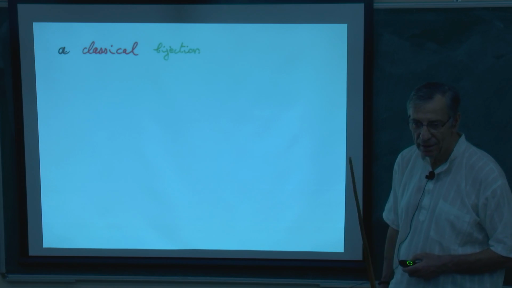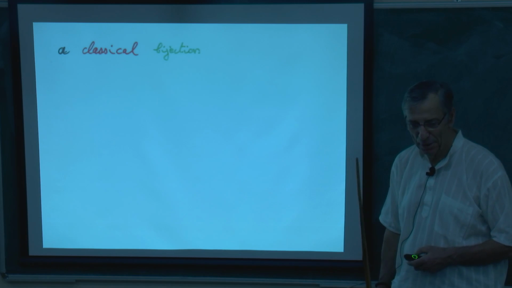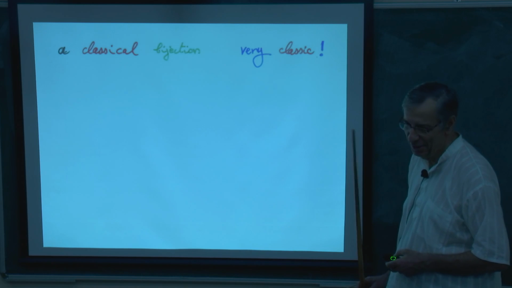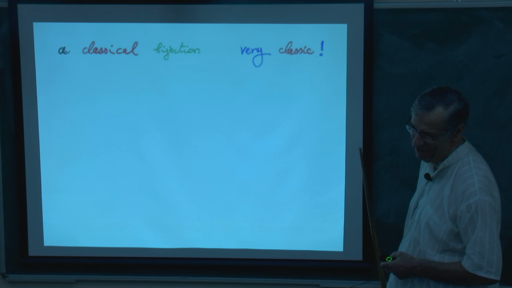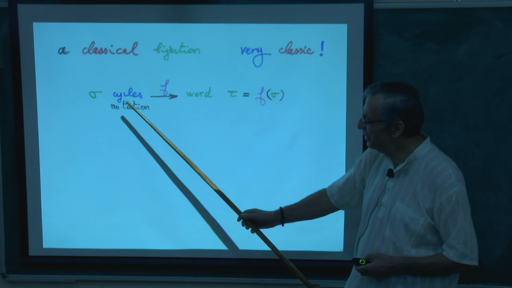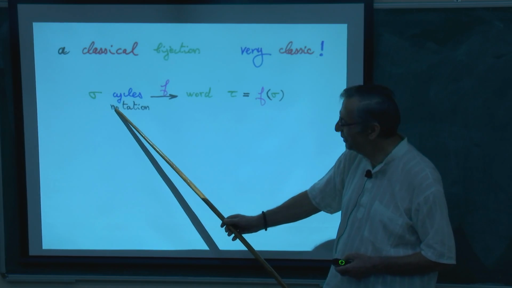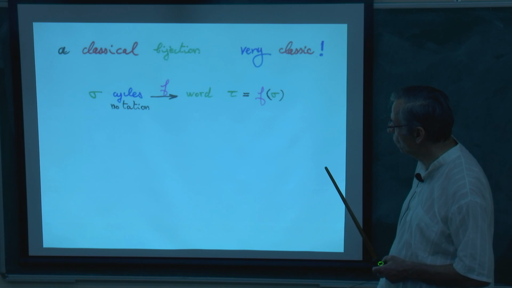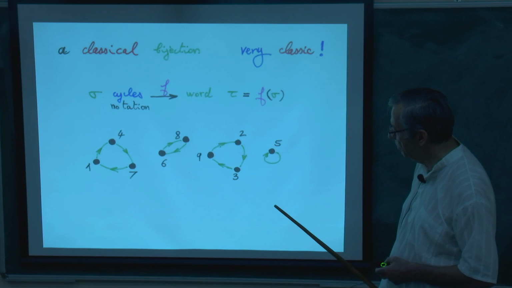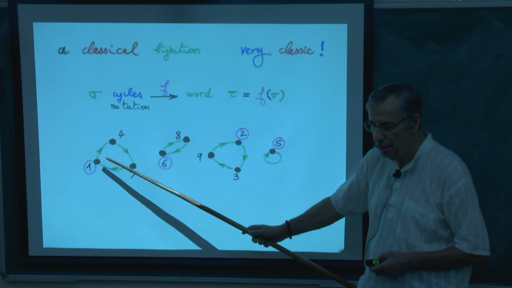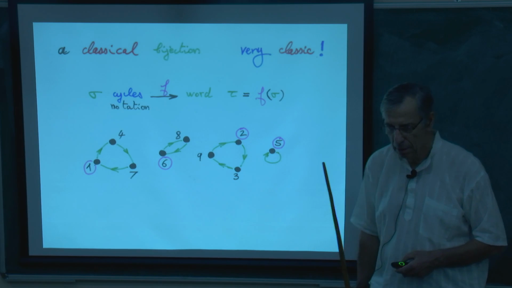So a classical bijection. First bijection on permutations, very classical. You are going to transform a permutation written in cycle notation into a word in the following way. So you have your permutation, and in each cycle you take the minimum element.